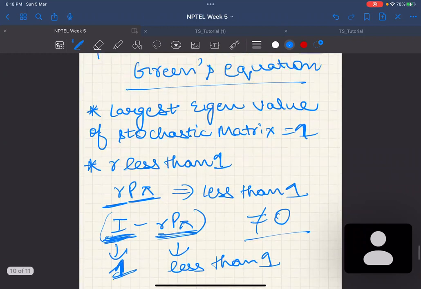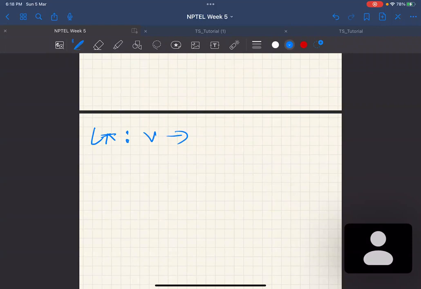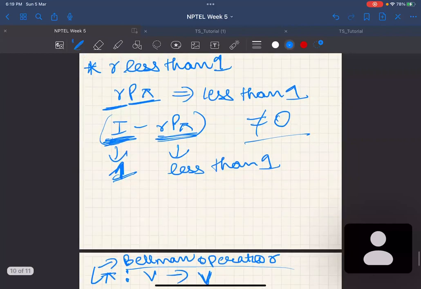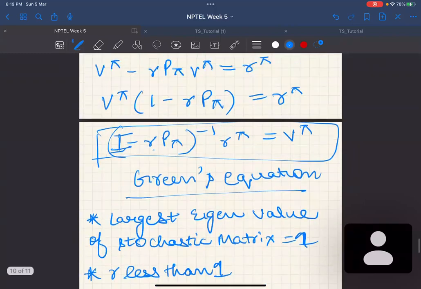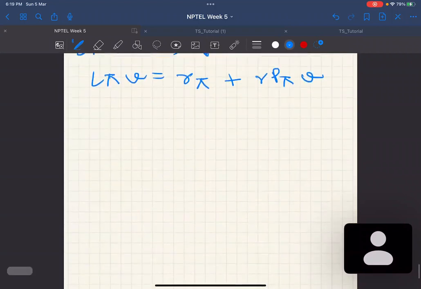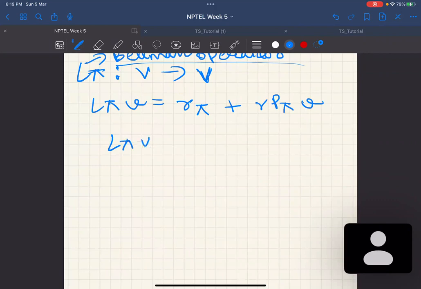I wanted to do this with examples, but I think we'll get stuck in these proofs. L pi is the Bellman operator.